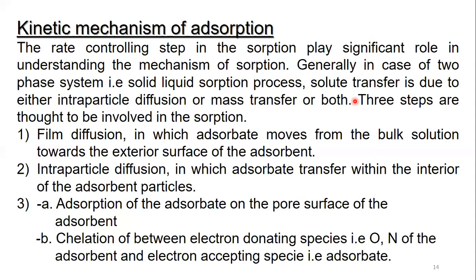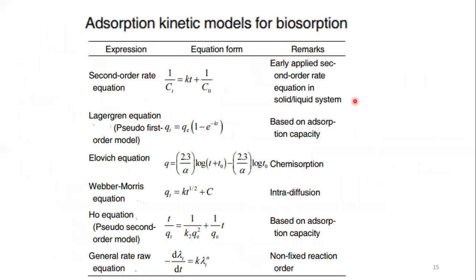The first is adsorption of the adsorbate on the pore surface of the adsorbent. The second is chelation between electron donating species on the adsorbent, that is oxygen, nitrogen and the like, and electron accepting species, that is the adsorbate. But the whole theme is film diffusion, intra-particle diffusion, and the third one, adsorption on the pore surface of the adsorbent, or chelation. So these are the different segments.